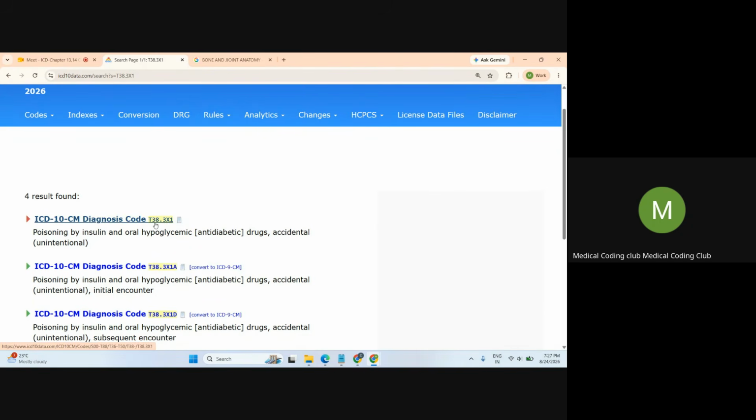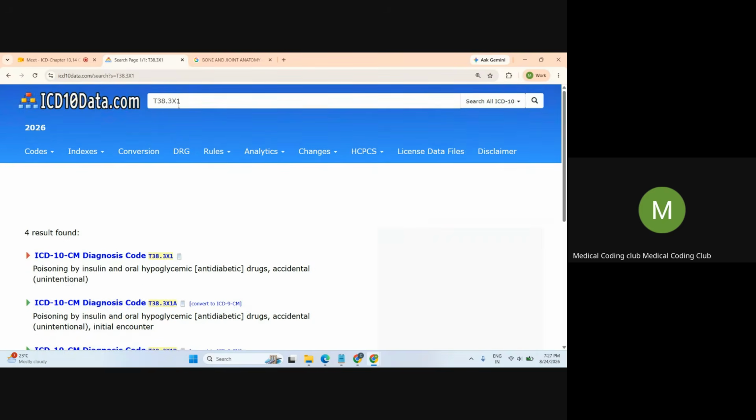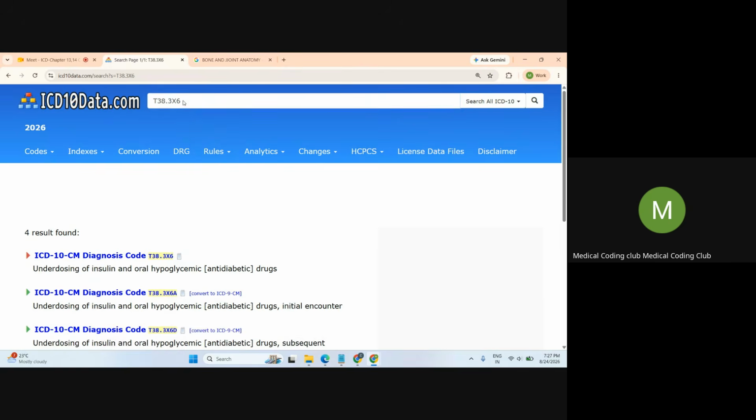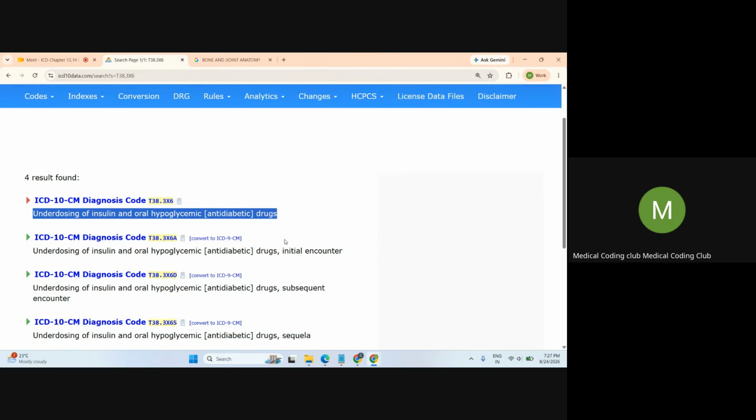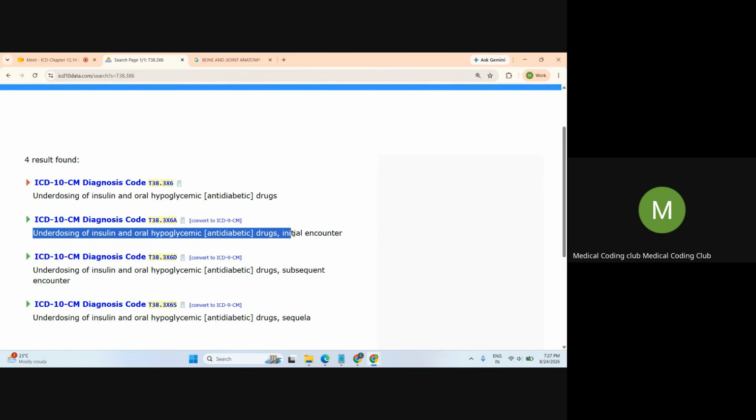T38.3X1 is poisoning code. So this is underdose, not poison, right? So it should be 3X6, underdosing of insulin and oral hypoglycemic. So this T38.3X6A should be secondary diagnosis because we are dealing with the underdosing code.